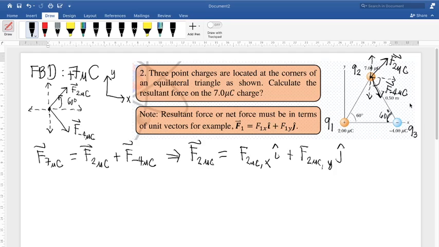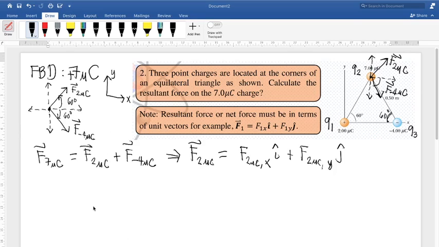If it forms a reversed Z, they are equal. I don't know what this angle is called, but they are equal according to geometry. So the negative 4 microcoulomb charge also has a 60 degree angle. Okay, so let's go back here.